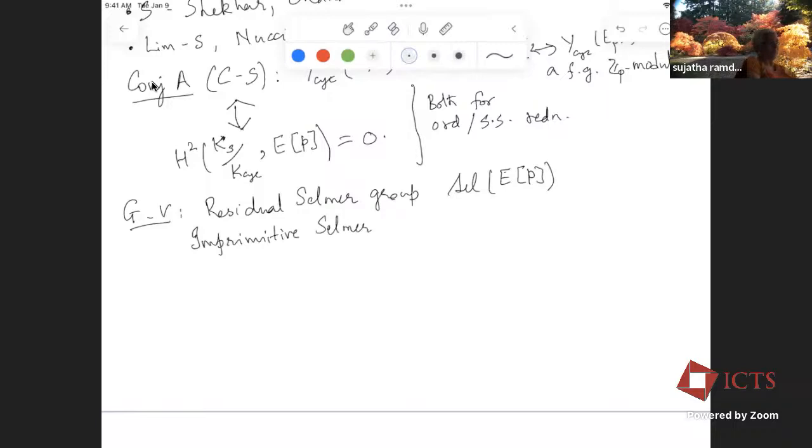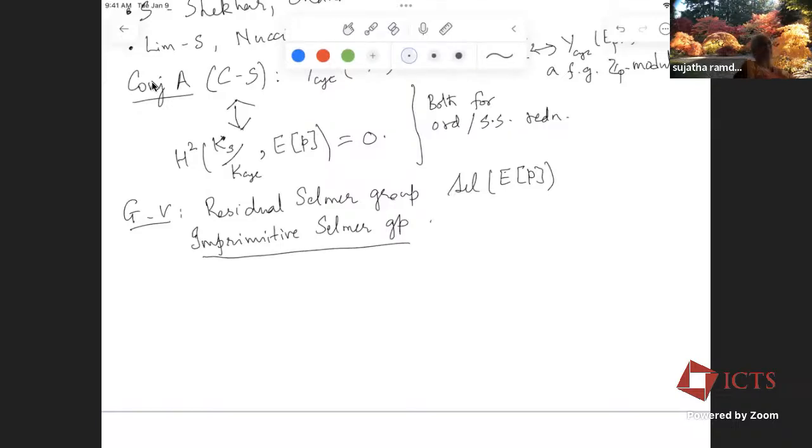That is, in the defining exact sequence, we had all the primes above S, but they throw away a few primes there. And then the idea is to say that this imprimitive Selmer group retains all the information that you wanted about the original Selmer group, namely the mu invariant and the lambda invariant are retained by this imprimitive Selmer group. And this imprimitive Selmer group turns out to depend only on the residual representation.